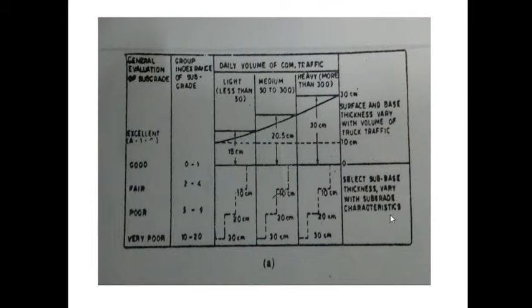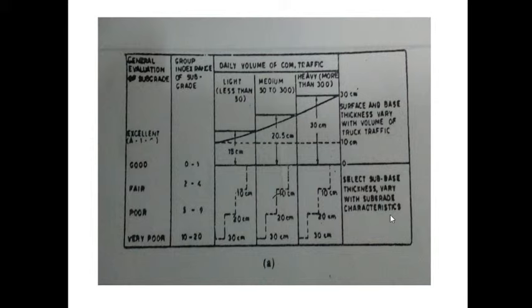If the number on our proposed road is 50 to 300, it means medium, whereas more than 300 per day means heavy traffic. In our problem, the number of commercial vehicles is 300. That's why heavy traffic, so we have to choose the graph for heavy traffic.